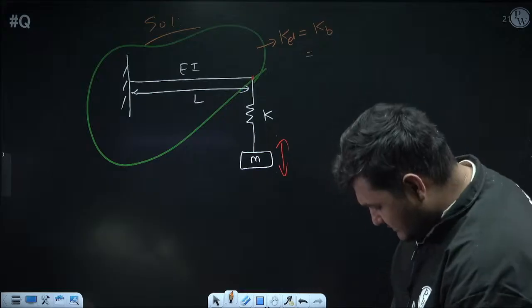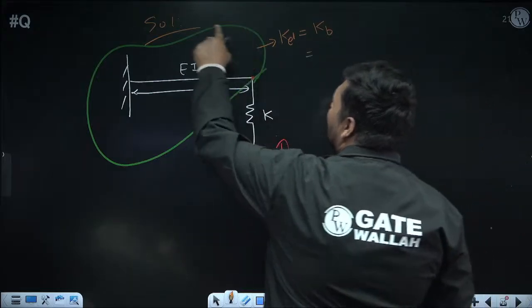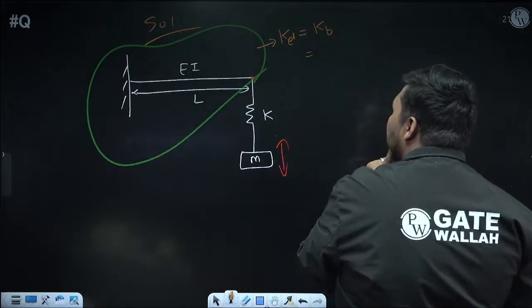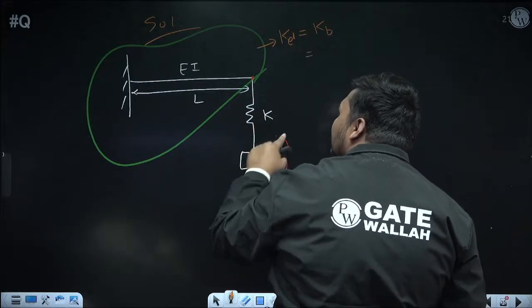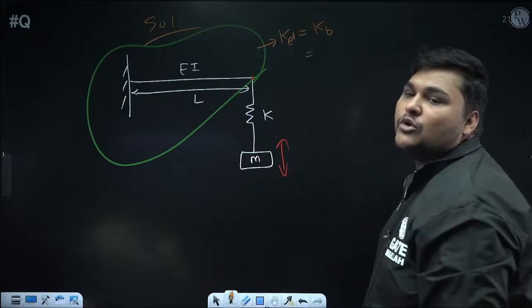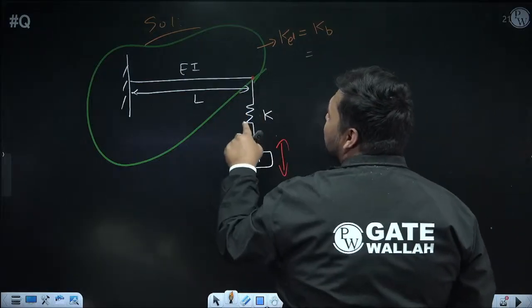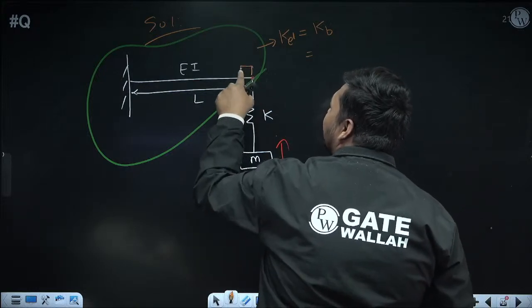Right now our focus is on the calculation of the stiffness of this part only. So don't consider this spring, because right now I am not calculating the overall K equivalent. Just imagine this spring is not present in this system. Then this mass will be present here.